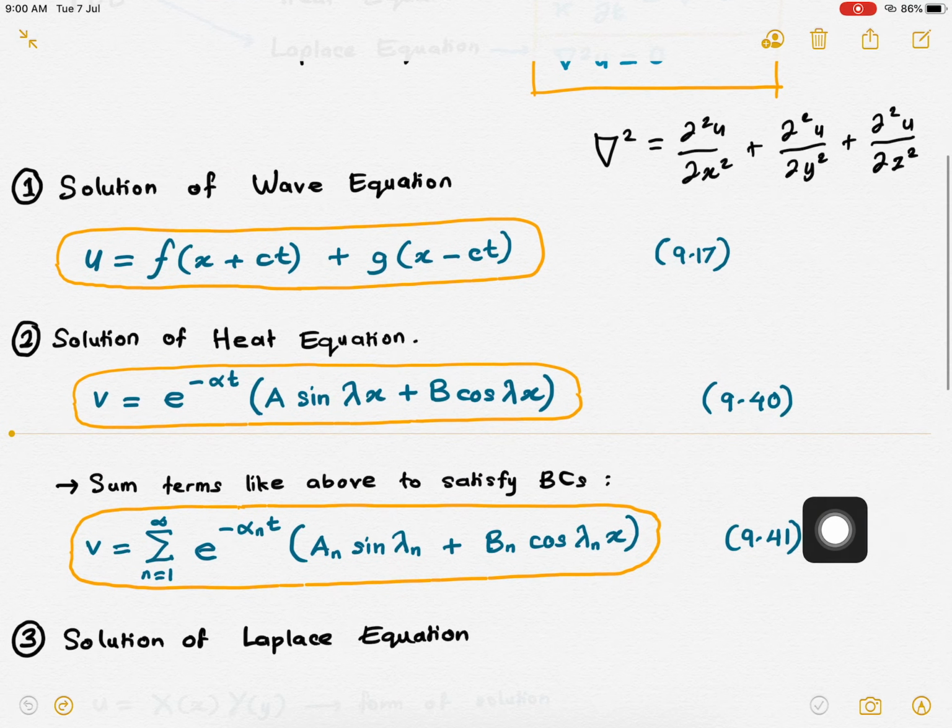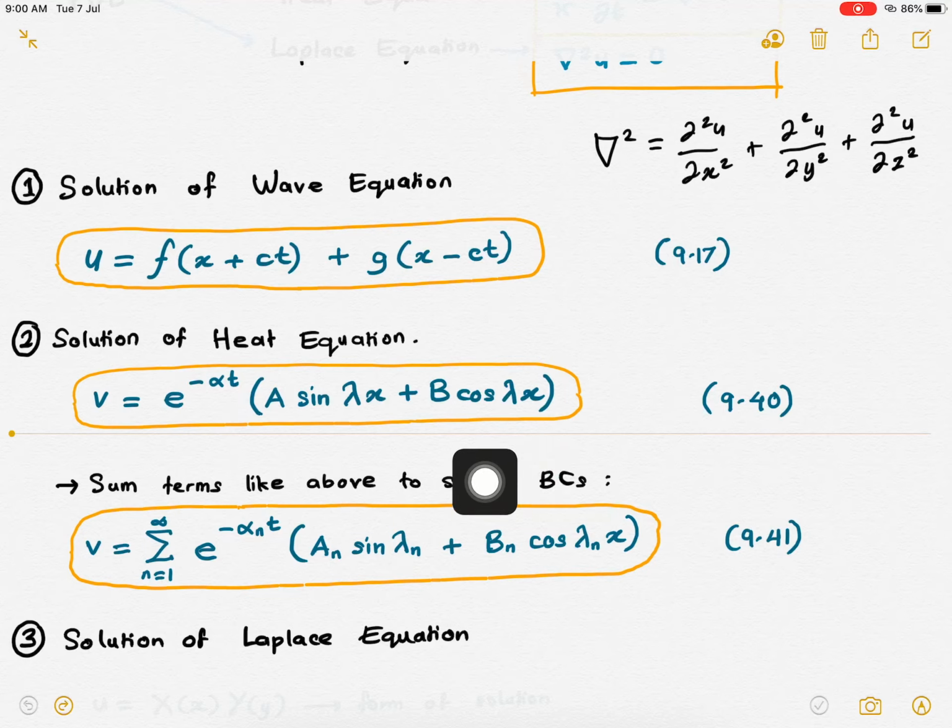And when we expand it and consider all the boundary conditions, like I said before, in PDE the boundary condition is very important in solving a PDE. If we don't have any boundary condition, it will be difficult to solve a PDE.